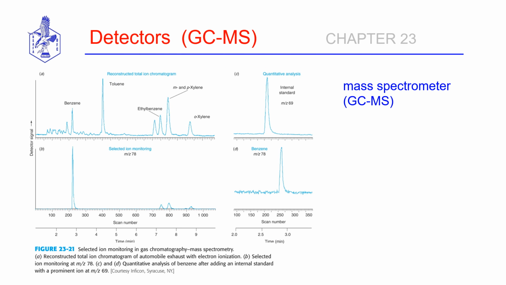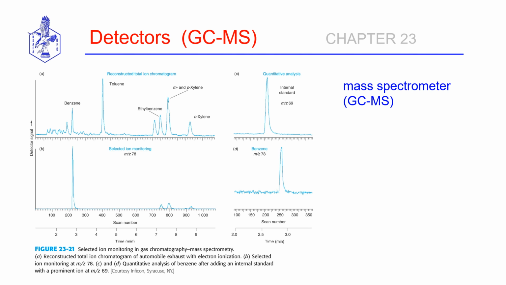We're going to end our consideration of the GC techniques by looking at our most powerful ones. If we interface our sample separation tool, a GC, with a spectrophotometer, that is a very powerful combination.